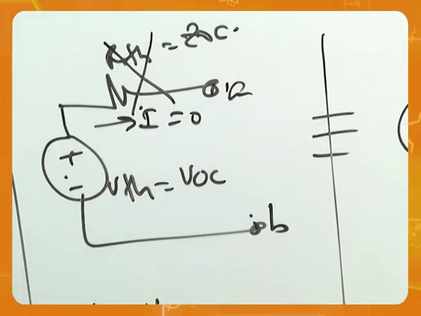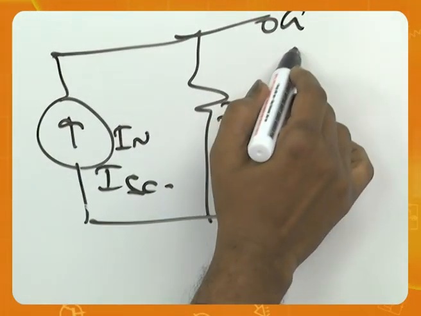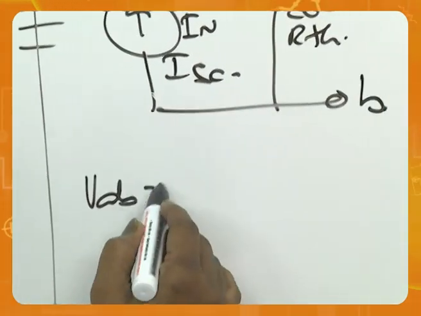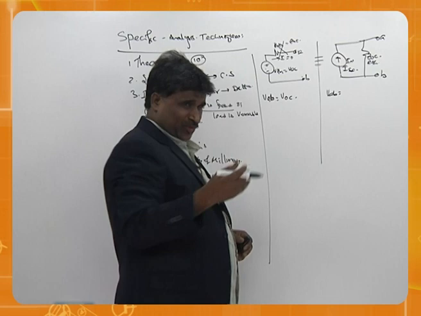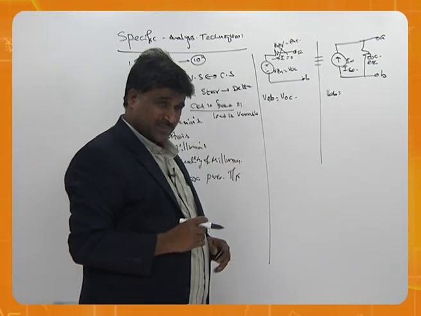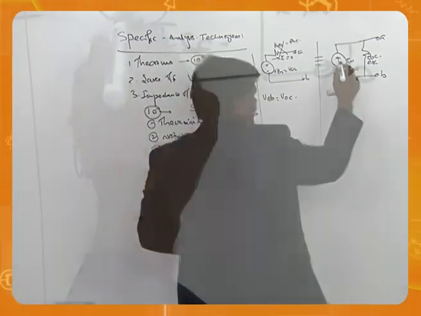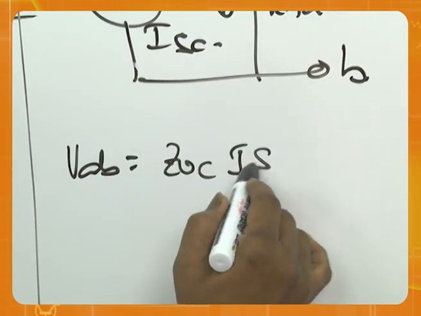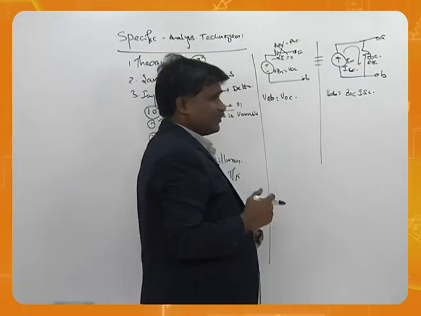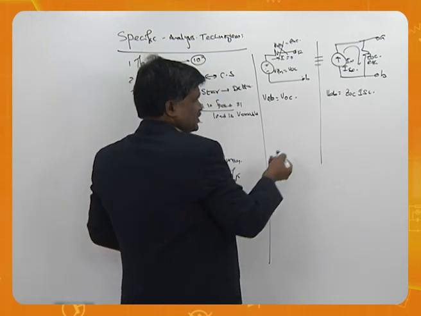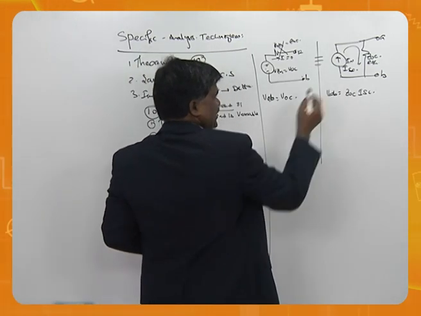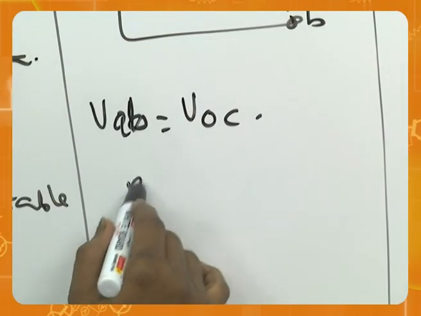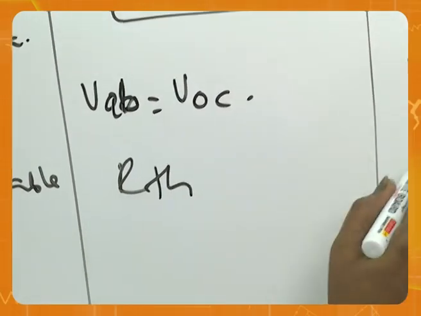Here, if you see the same VAB, the voltage across AB, this current coming over here is ZOC into ISC. Therefore, your impedance is again the same, whatever R Thevenin here, same also here.